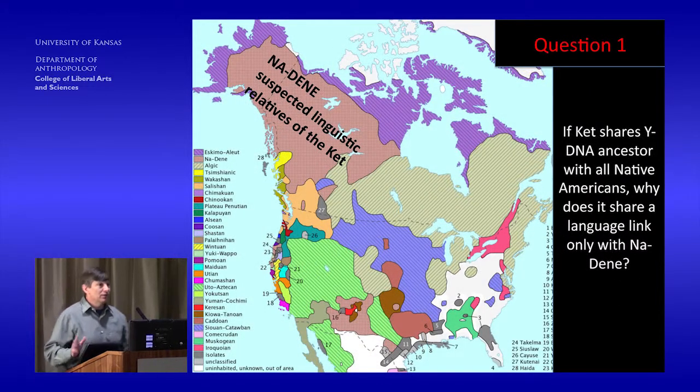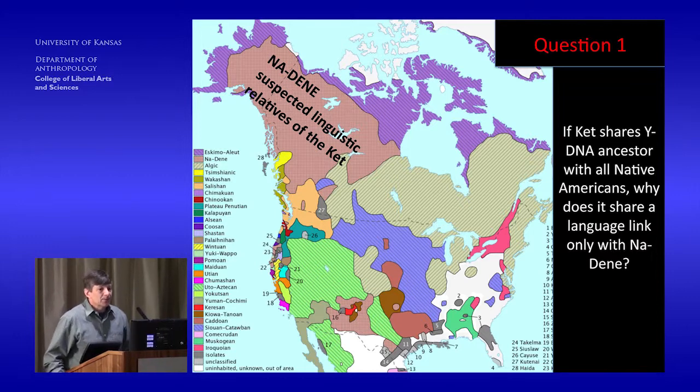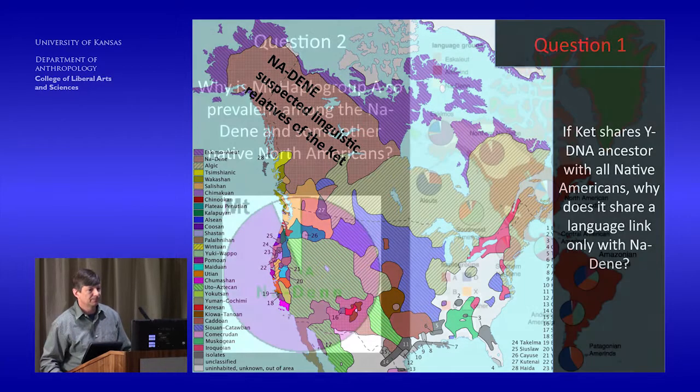Okay. Now we finally can ask some questions and hopefully get some answers to interesting questions. First of all, if the cats share their Y DNA distantly with all Native Americans, or almost all Native Americans, why do they share a language link with only one of the many, many dozens of Native American language families? Super important question.